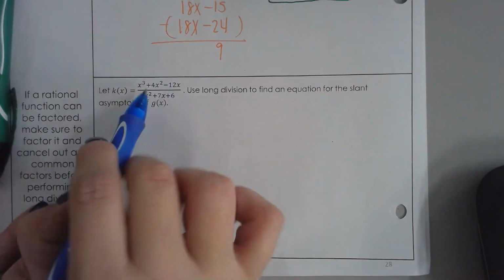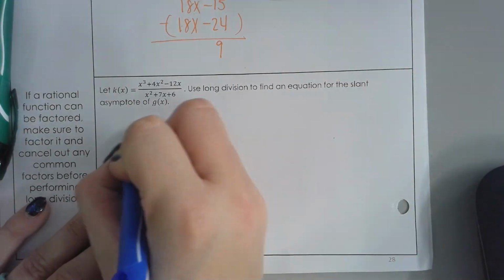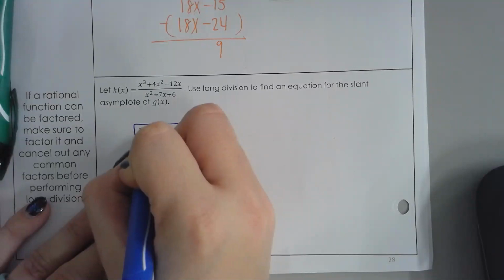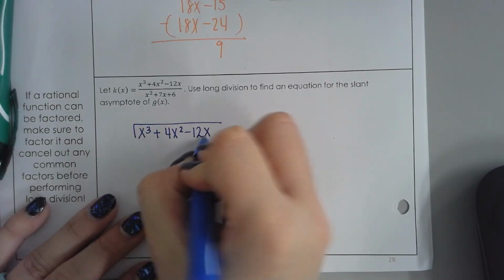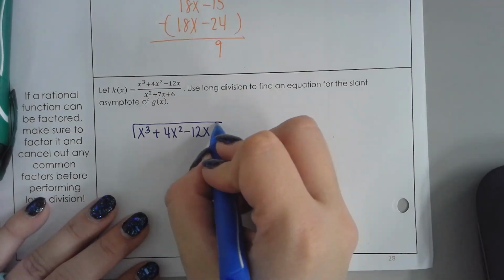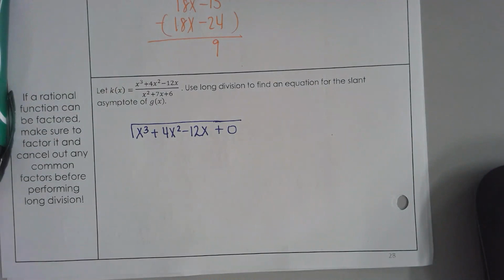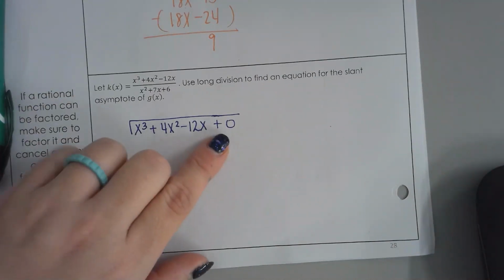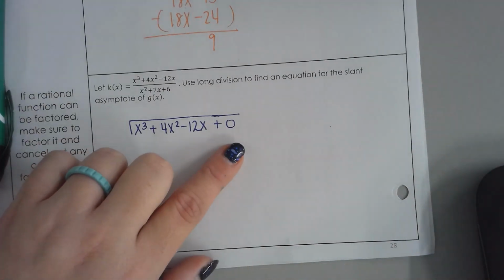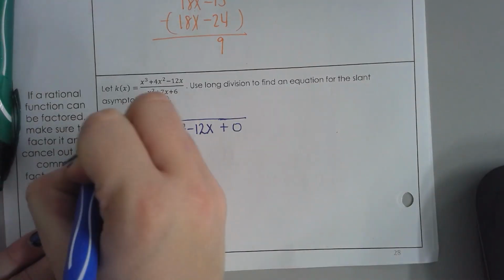So this one, I have x cubed plus 4x squared minus 12x. You always want to put a 0 if you're missing a term. So if I had been missing the x squared, I would need to put a 0 in its space. I'm missing a plain number at the end, so I'm going to put a 0 there. And then dividing that, it'd leave enough room.